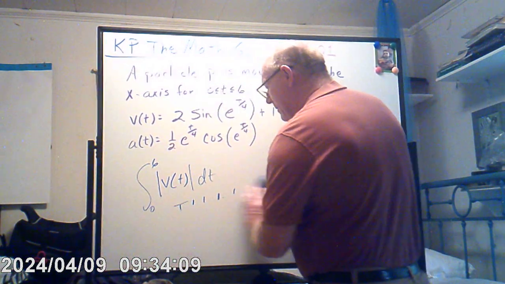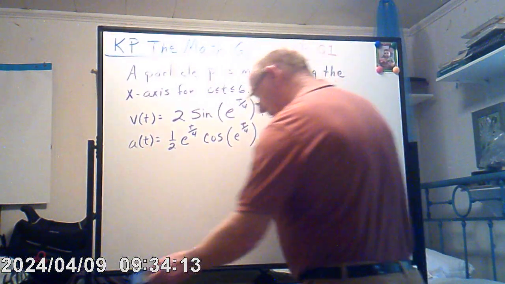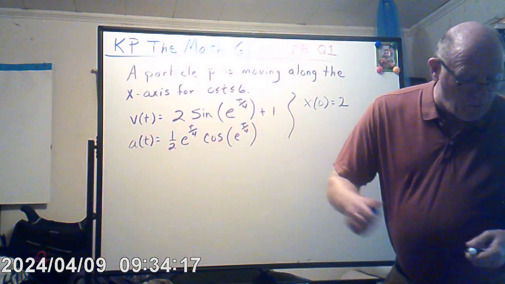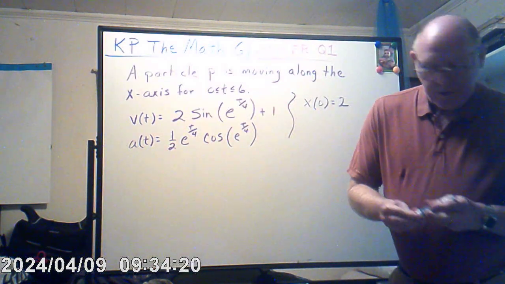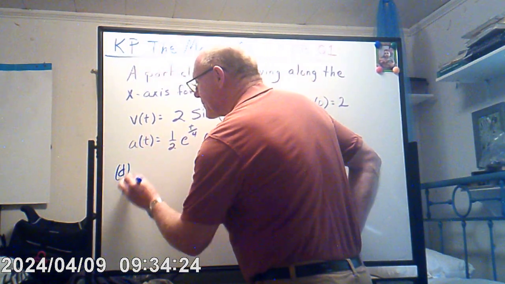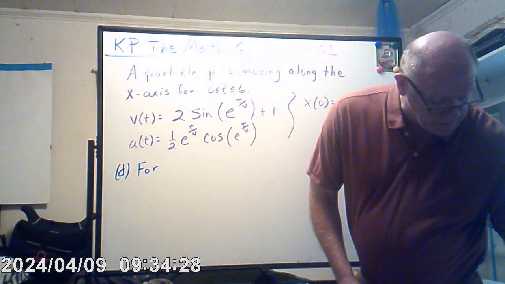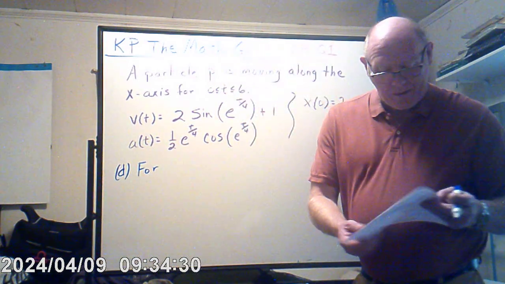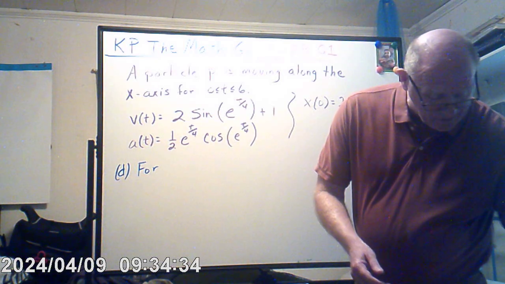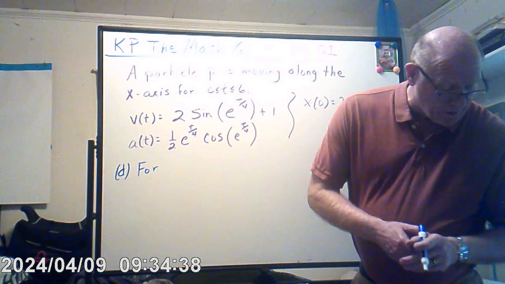Now D part, and this is what I wanted to get to. Oh, by the way, the C part was 12.573, just in case you didn't get that answer. That's total distance.